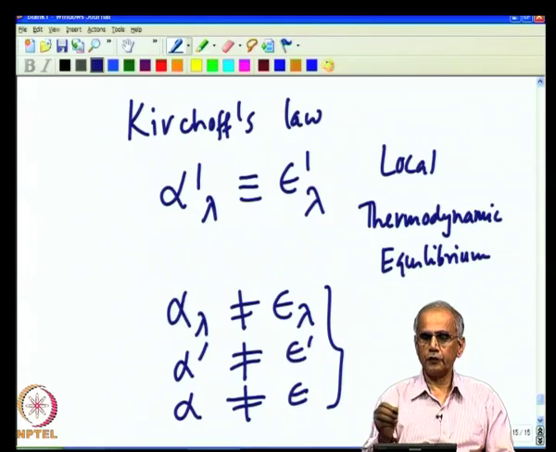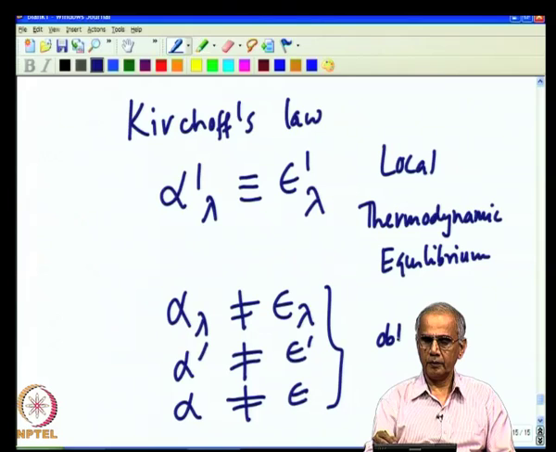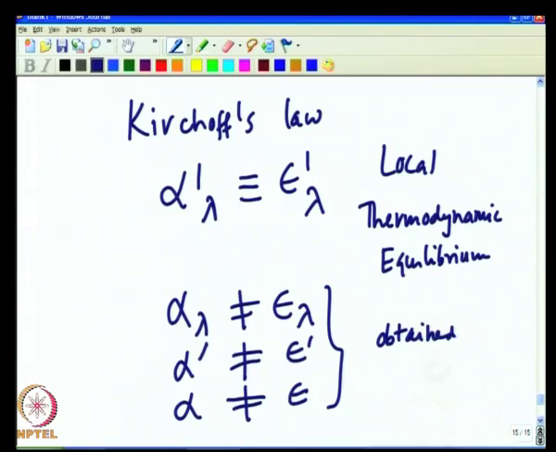It is not true. Kirchhoff's law only connects the most basic quantity, that is the directional spectral quantity, between absorption and emission. It does not say anything about quantities which are obtained by averaging.